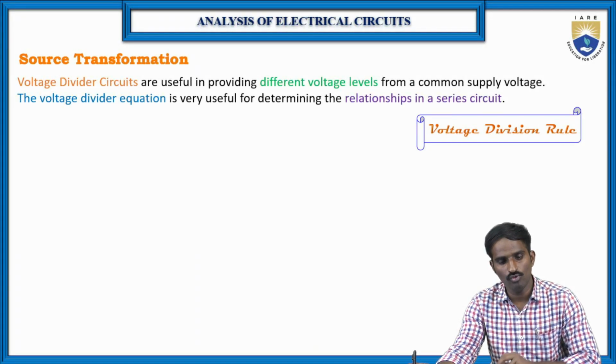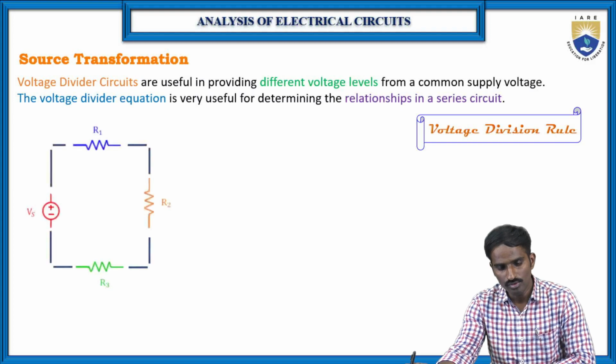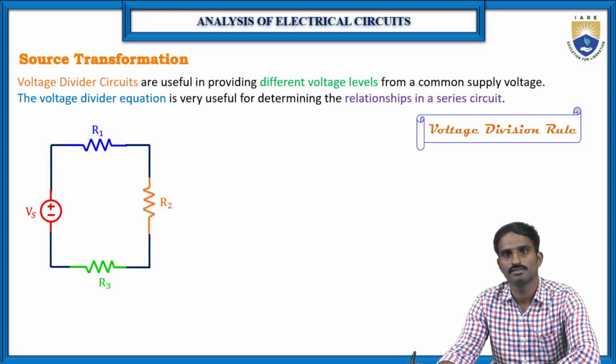First, the voltage division rule. Voltage divider circuits are useful in providing different voltage levels from the common supply voltage. How can the voltage division rule be applied?